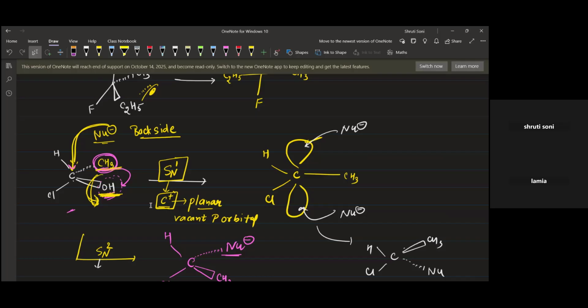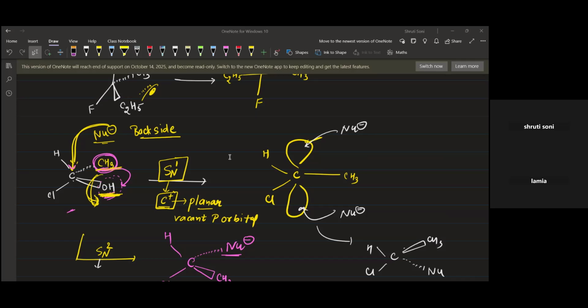Which direction does the nucleophile attack? The nucleophile attacks from the back direction, and majorly a pentagonal structure will form in case of SN2.